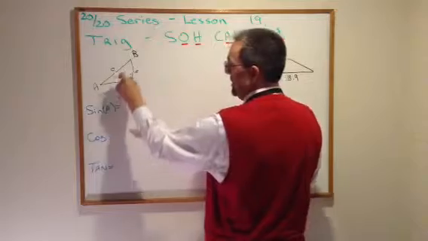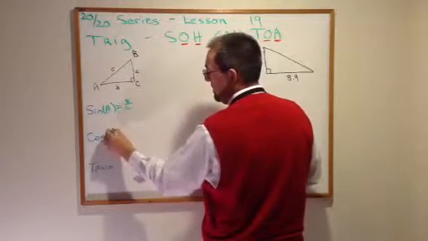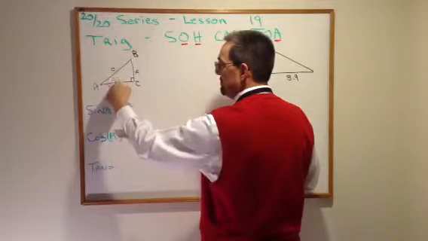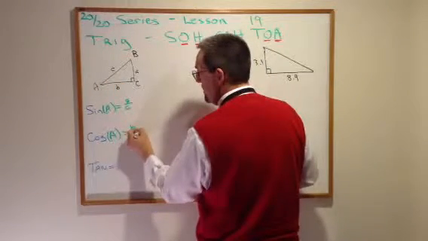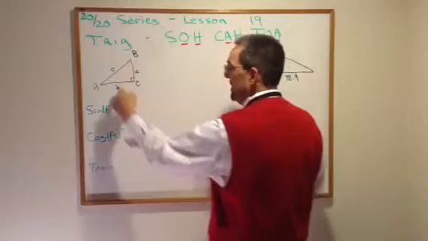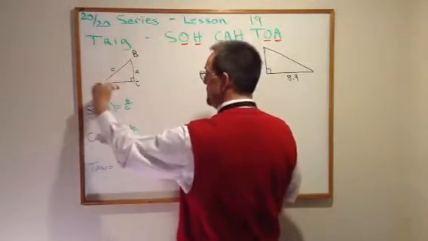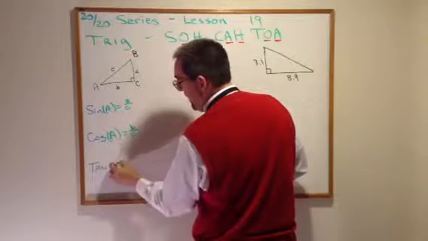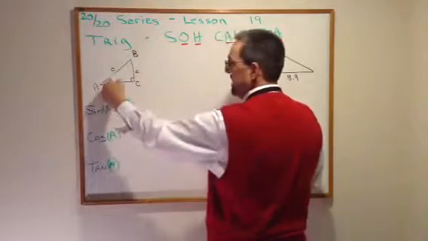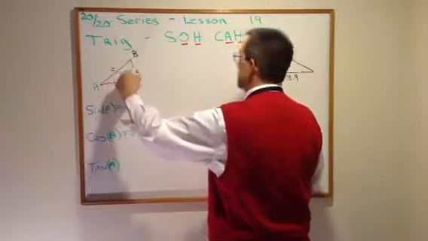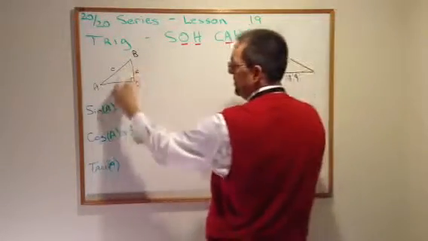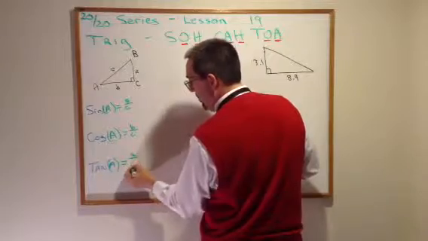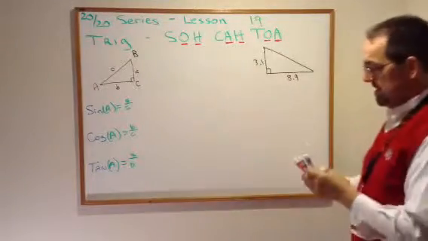The cosine of A is equal to little b over little c, the adjacent next to the hypotenuse. And finally, tangent of A, tangent of this angle, is the opposite over the adjacent. So that'd be little a over little b.